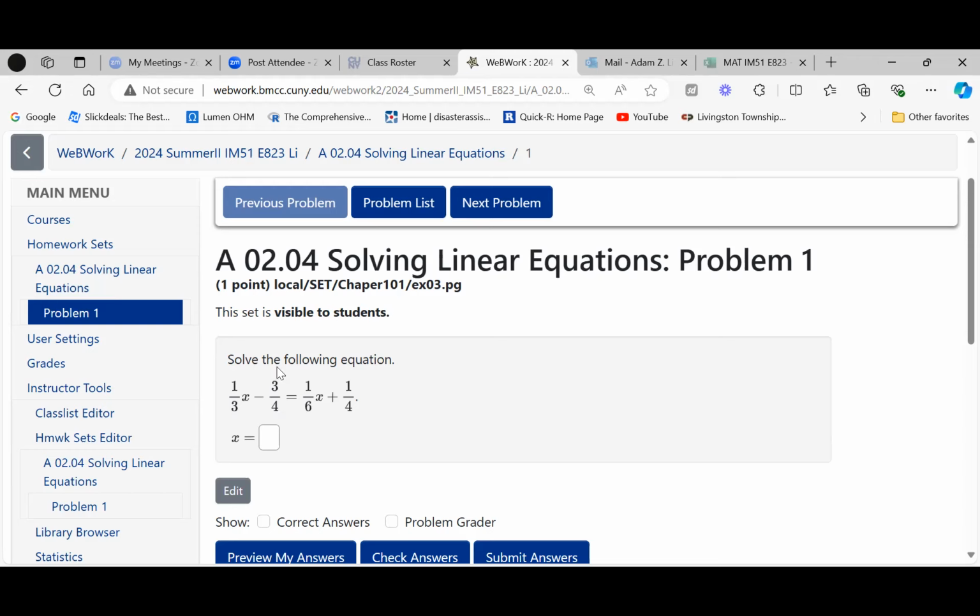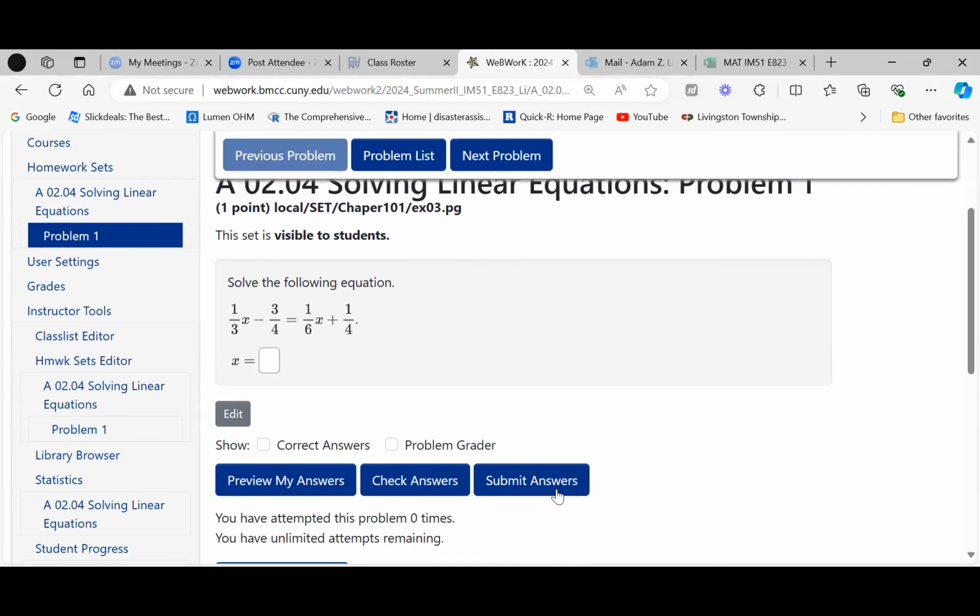One way to do it is find the LCD and multiply every single term by the LCD. That could be a way to avoid the fractions. Let's try this.